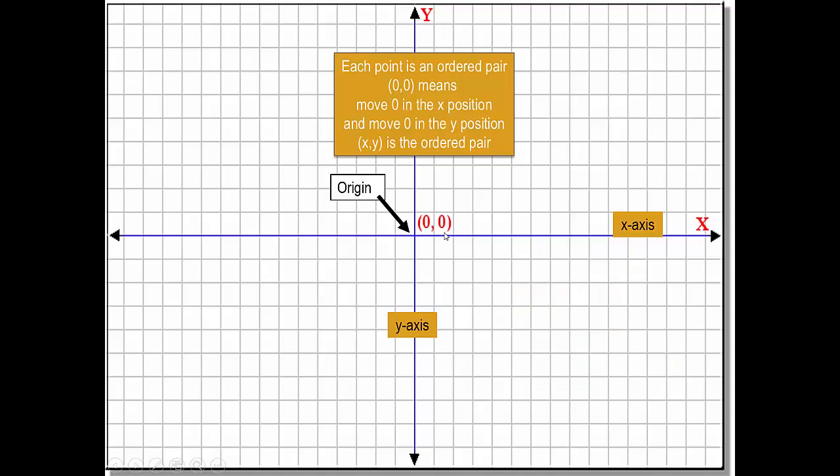If you're in the middle where they meet, you're at the origin, or the point (0, 0). If you move to the right on the x-axis, that's positive. If you move up on the y-axis, that's positive. If you move left on the x-axis, that's negative. If you move down, that's negative.